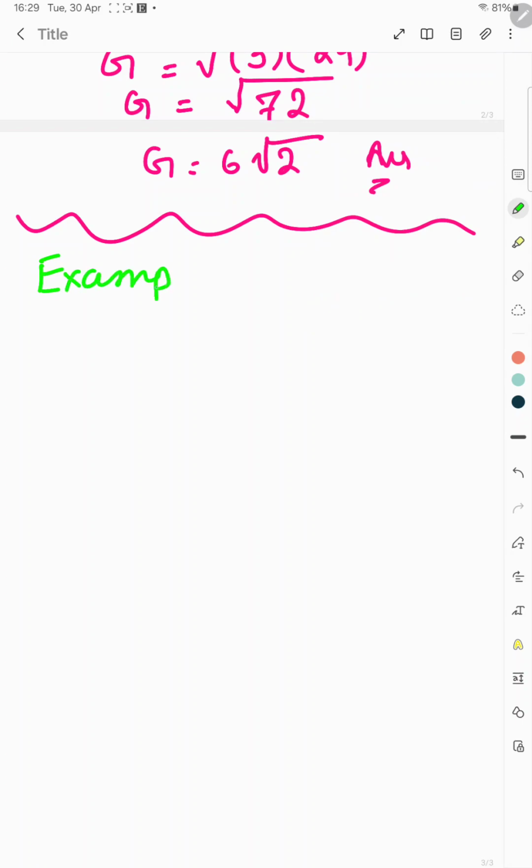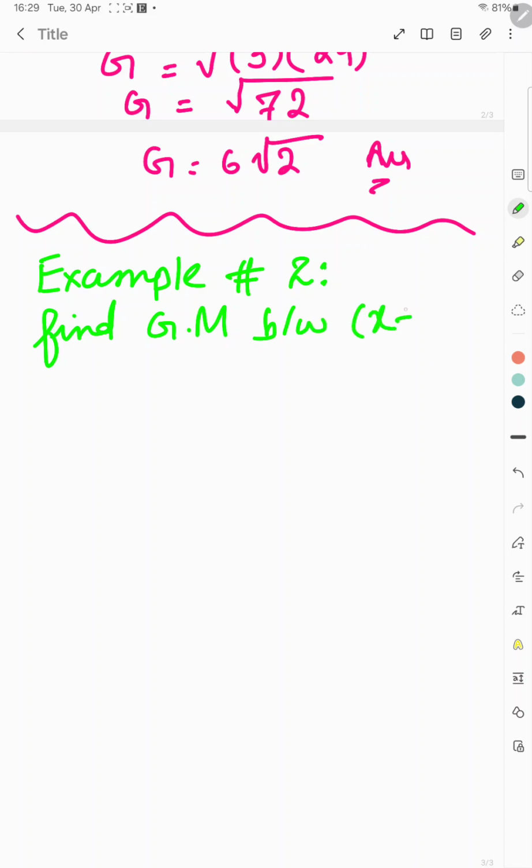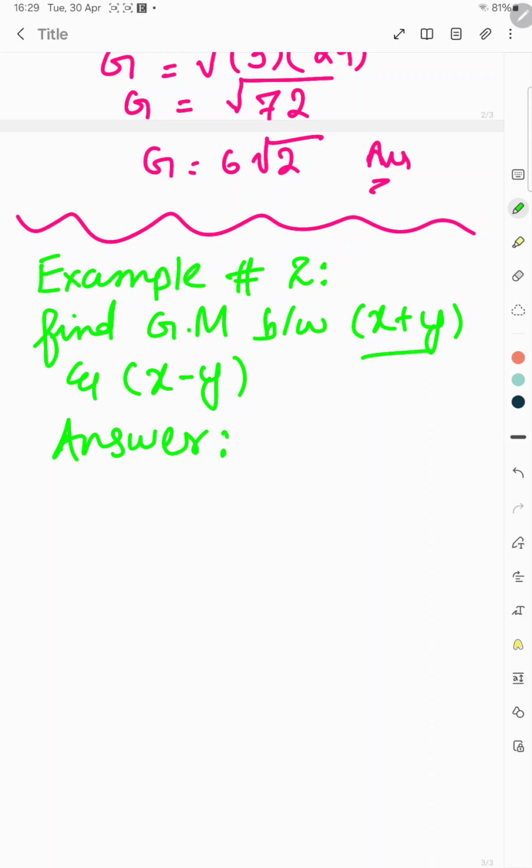Example number 2 is: find geometric mean between x plus y and x minus y. Now student, here what you notice, here sequence is not given, just two values are given and these are values which are not numbers.